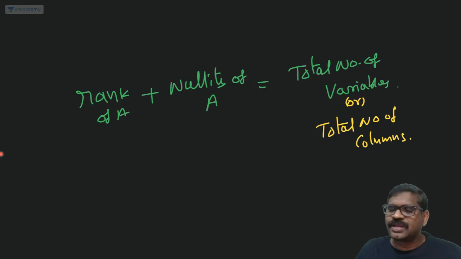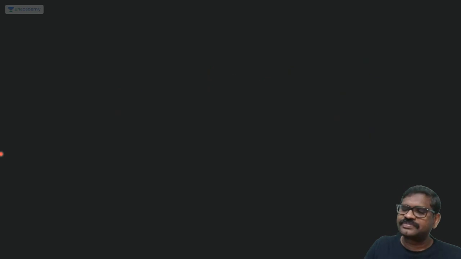Now, observe the next problem. I would like to explain the basis concept in this problem. By using a system of equations, you can write a basis.